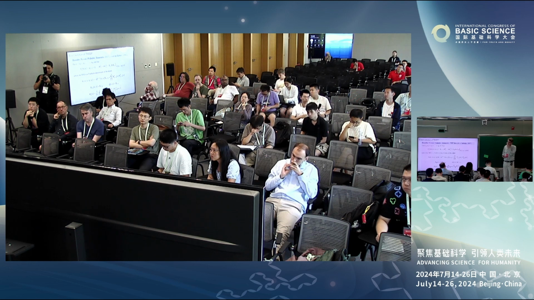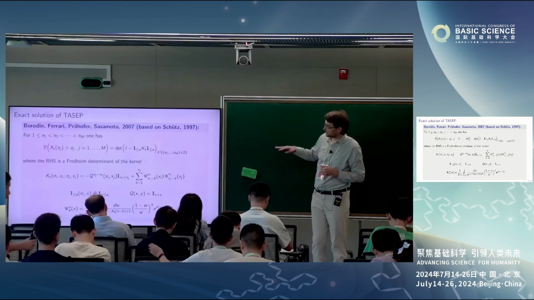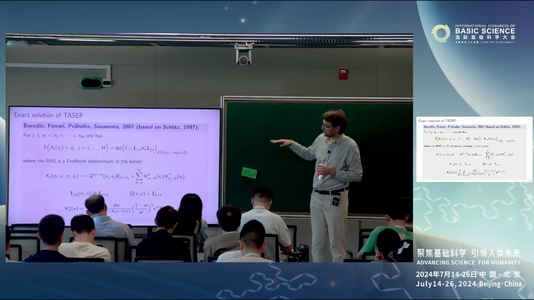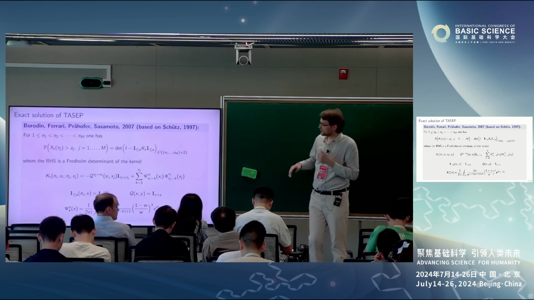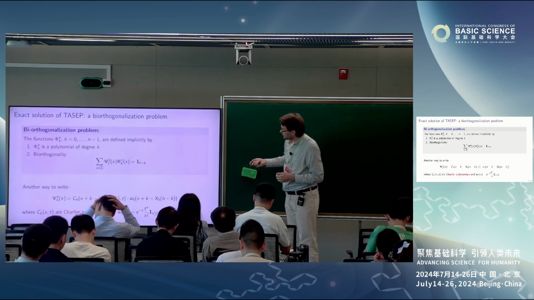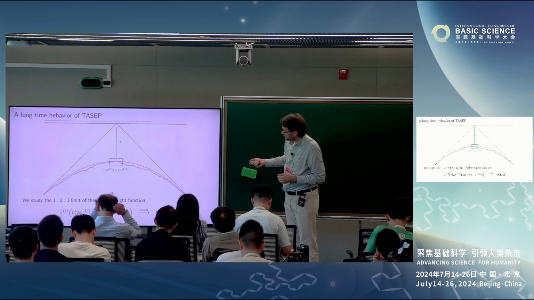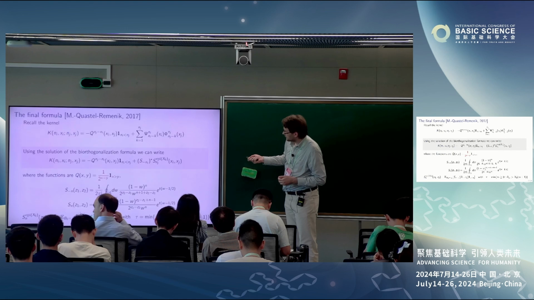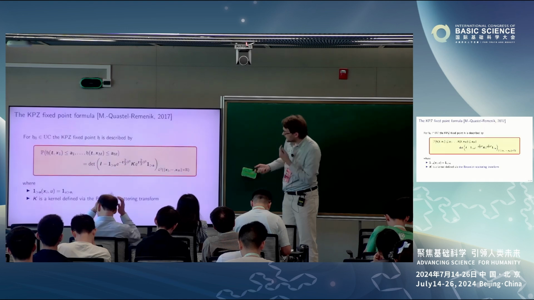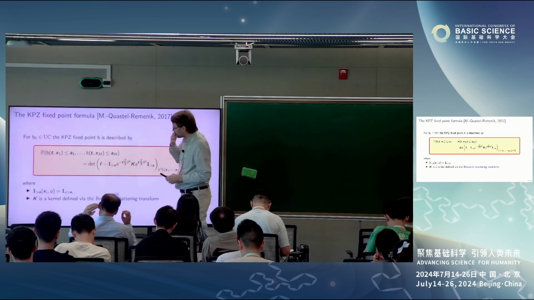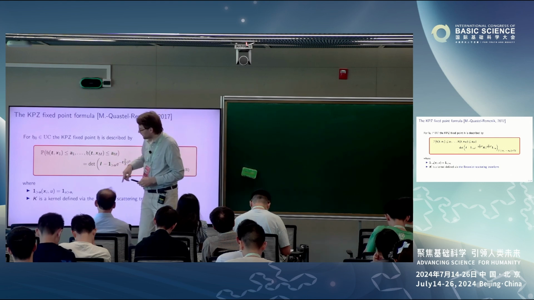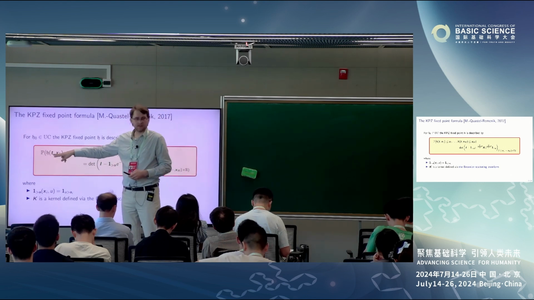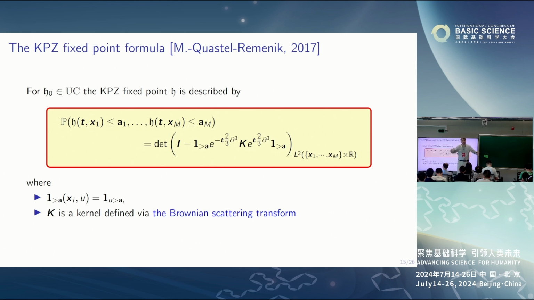I talked only about the multi-point distributions, but we also have a formula in which we look at the probability that h at time t stays below a fixed function.